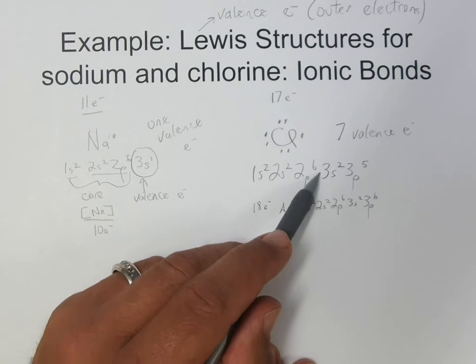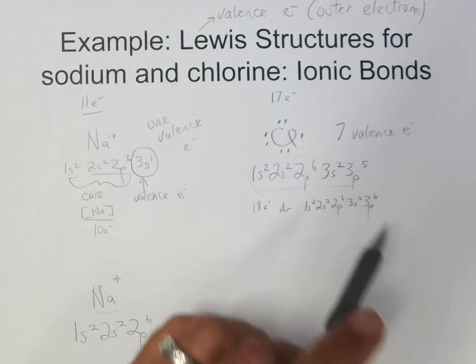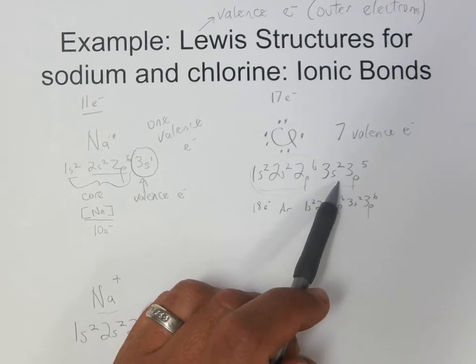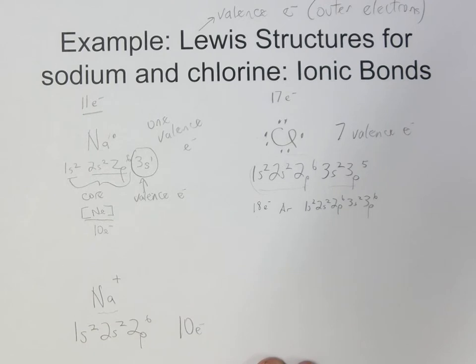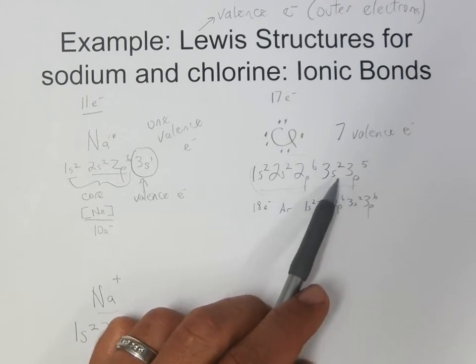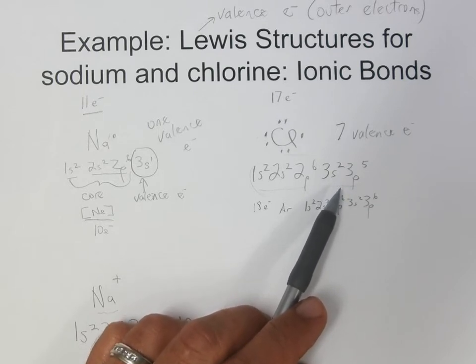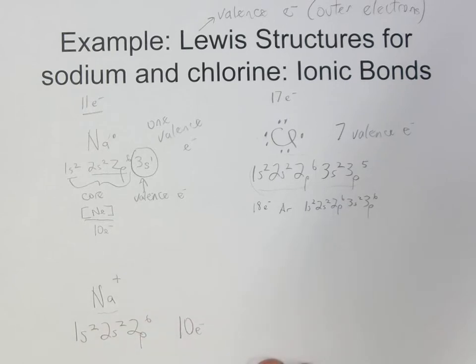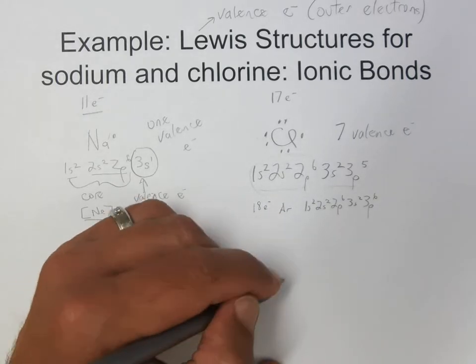The core electrons here, again the neon core, this has 7 valence electrons, and chlorine could theoretically lose 7 electrons to get to be the same number of electrons and same electron configuration as neon, but each time you lose an electron you get positively charged. When you're positively charged, you're not likely to give up any more electrons because a positive charge helps to hold those negative electrons in. So it's much easier for chlorine to gain 1 electron.